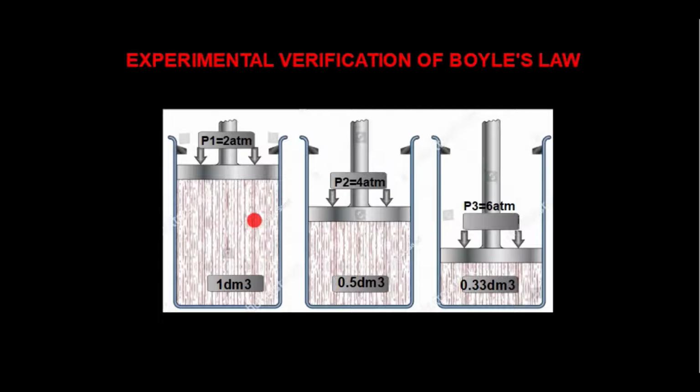When the pressure of 2 atmosphere is applied, the volume of gas reads as 1 cubic decimeter. When pressure is increased to 4 atmosphere, then the volume of gas reduces to 0.5 cubic decimeter. Again, when the pressure is increased 3 times, that is 6 atmosphere, then the volume reduces to 0.33 cubic decimeter.